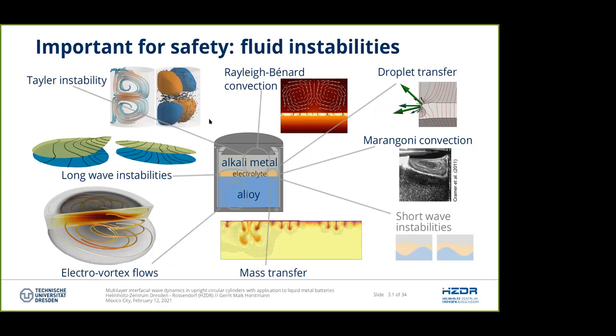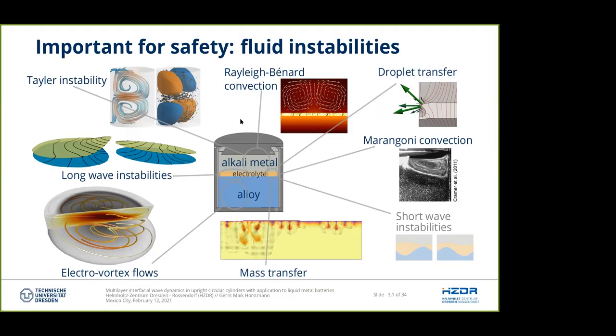My battery group at the HZDR has identified several fluid dynamic instabilities which can occur in the batteries. So I am a fluid dynamicist. I made my PhD in this topic. So we are particularly interested in these instabilities.